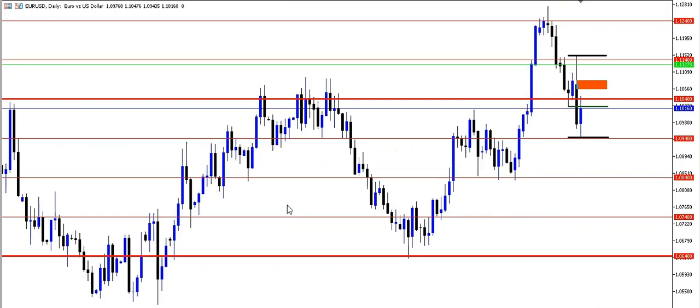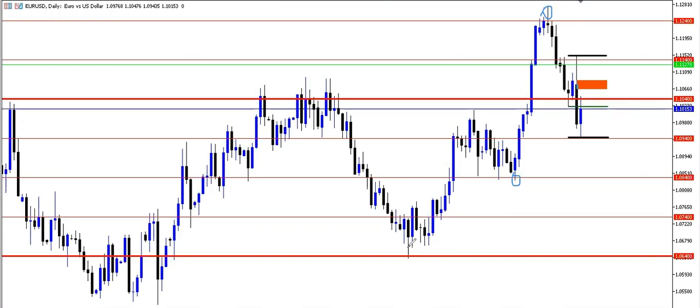So this is EURUSD. As you know, I follow daily structure. I think there is a shift. You see, this is the structure. Price was going higher, forming lower lows, higher highs.